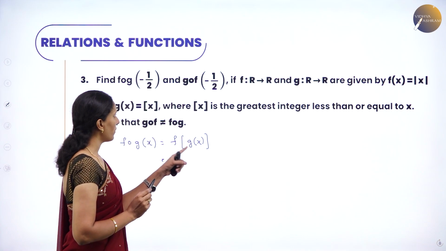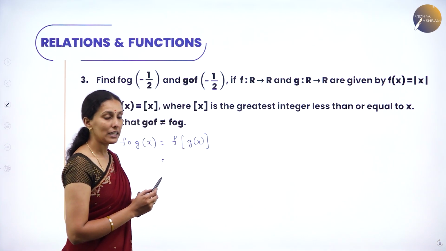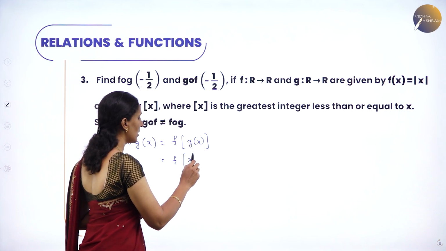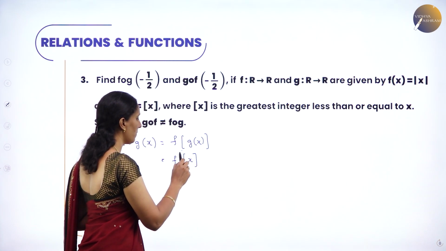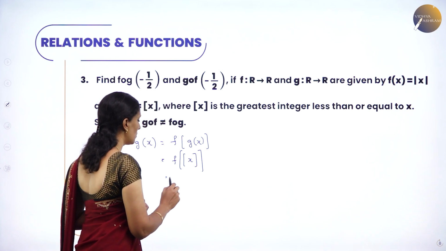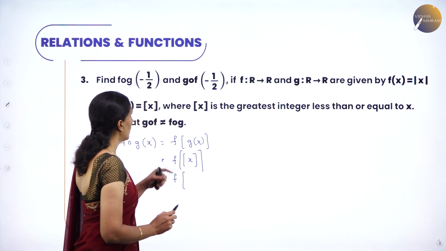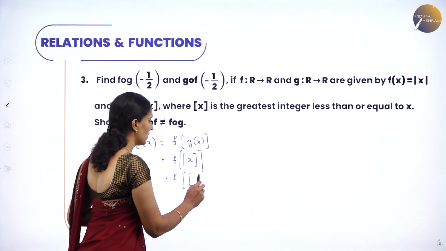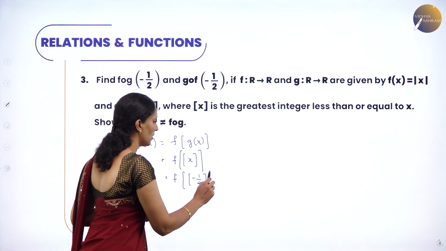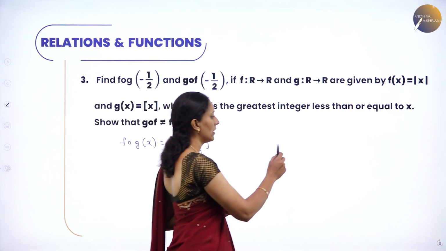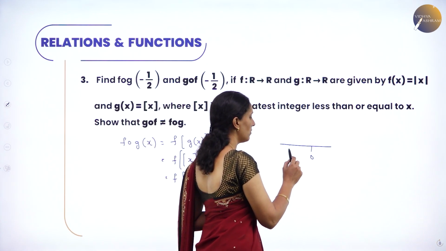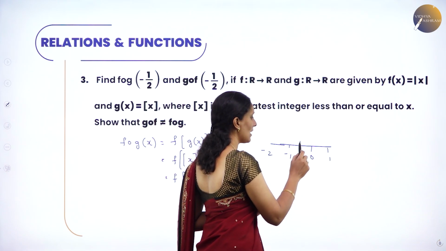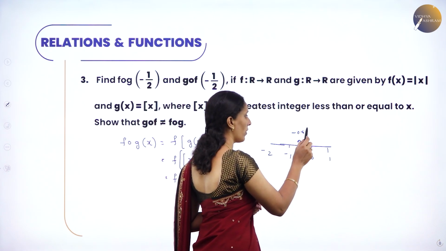So f∘g(x) means f(g(x)). What is g(x)? g(x) is the greatest integer function. So we need to take the value -1/2, which means -0.5.